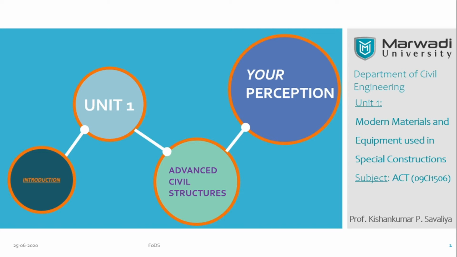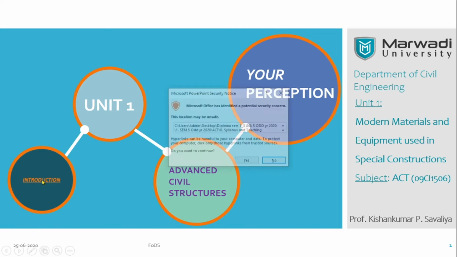Advanced civil structure means you need to go with the optimum level. If you are adding new infrastructure or a new beam or column or whatever it is, you need to use your optimum cost concept. Okay, so we will discuss your perception. So let us go for the introduction of the subject.